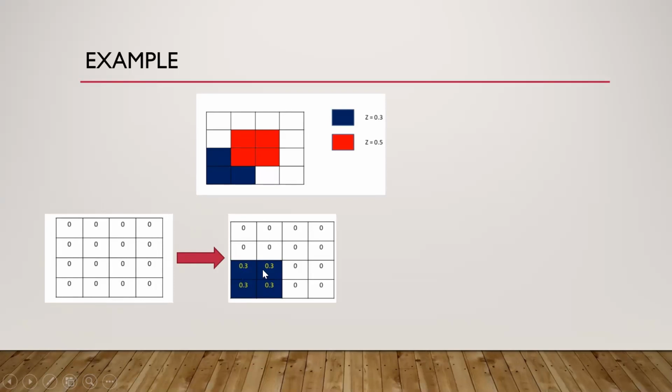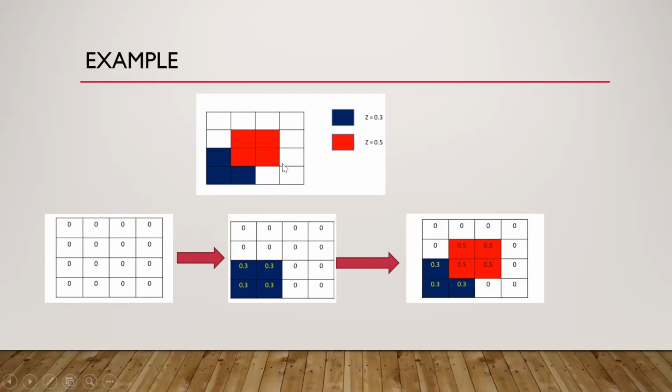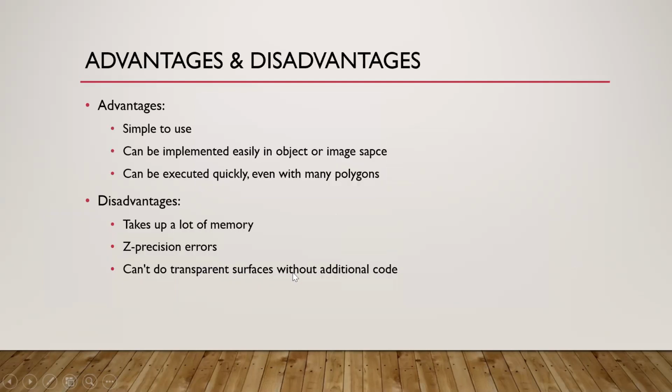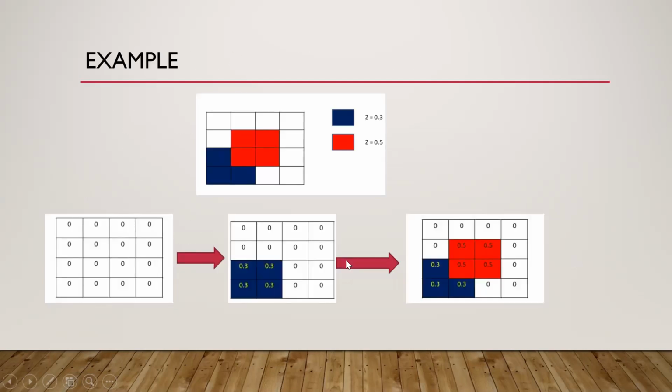So you can see 0.3 is greater than 0, so that particular color is stored in the image buffer. In the next step, the next z value is taken under consideration, which is 0.5. So 0.5 is greater than the 0.3 in this particular blue colored block, so that is replaced with 0.5. So this is how you get the final picture. So this is how z buffer works.